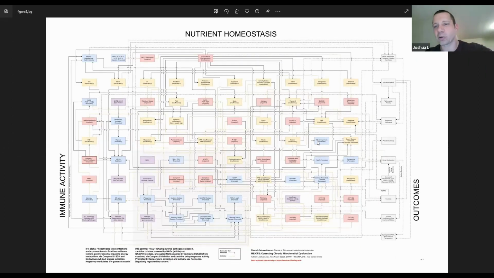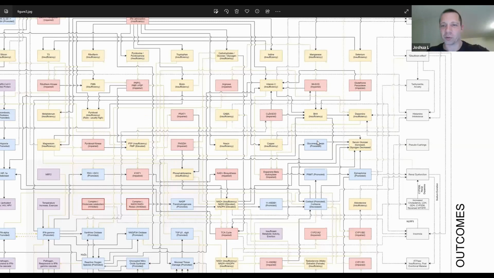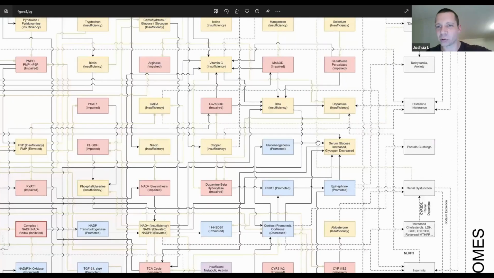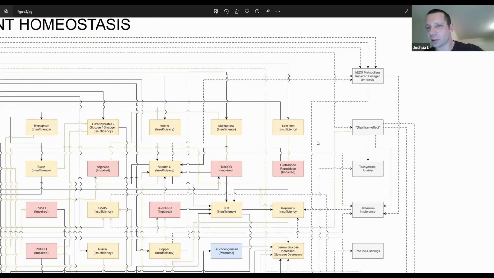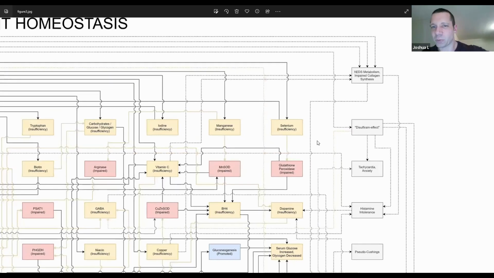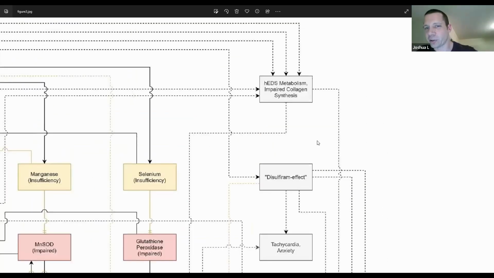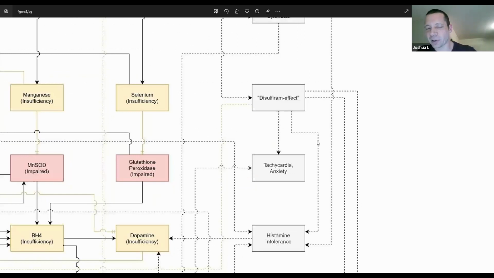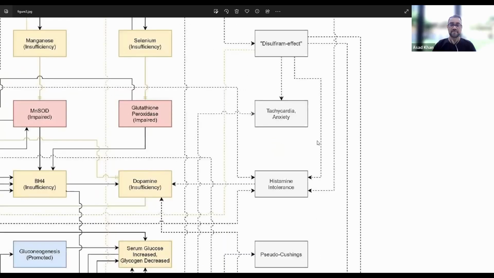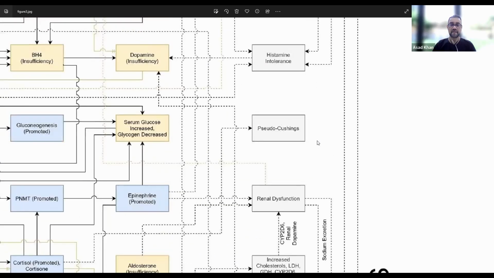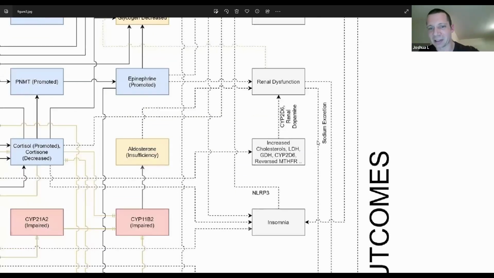Long story short, going through these logical steps, you can see we have the collagen synthesis degradation, disulfiram effect, anxiety, intolerance, dysfunction, increased cholesterols. Oh, I didn't touch on that. Renal dysfunction. Yeah, got them all.